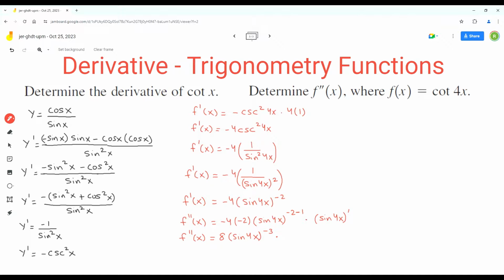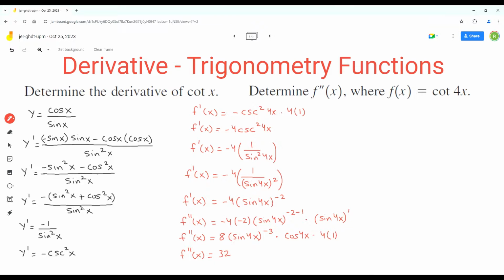We'll start with the derivative of the outer function sine, and its derivative is cos, times the derivative of the inner function 4x, and the derivative of 4x is 4 times 1. Now we can simplify this expression. So 4 times 1 is 4, and we can multiply 4 by the 8 at the front, and we get 32.